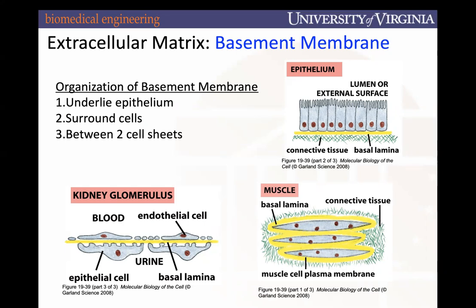That's what's illustrated in the top right here. It can also surround cells. In muscle tissue, as shown in the bottom right here, you can have a basement membrane that wraps around muscle fibers. So it can underlie sheets of cells or surround cells as well.